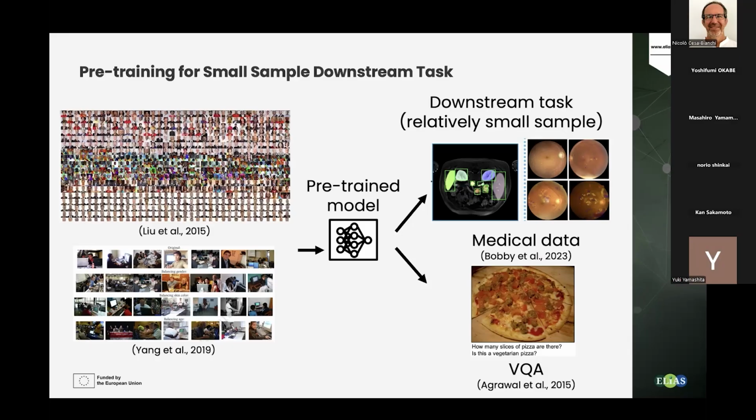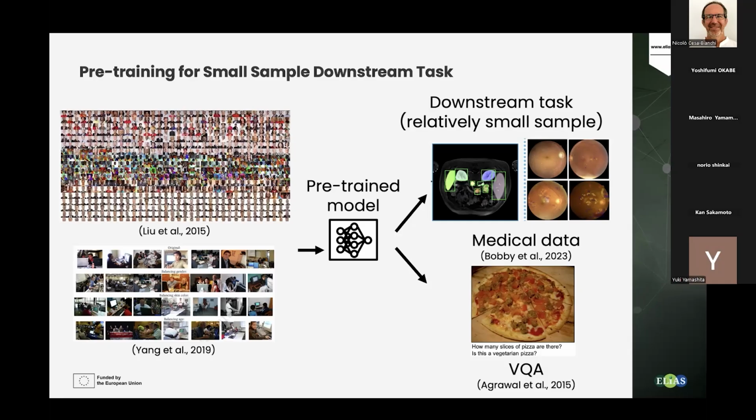Like we have a CLIP model that is built on a bunch of image data sets, and use it on a medical data set, where the samples are difficult to obtain because to obtain the data in the medical area, professionals need to collect the data from patients.